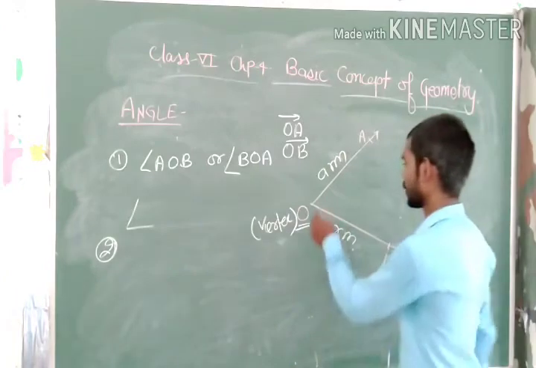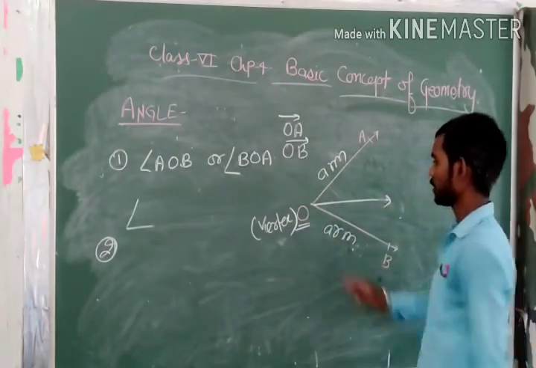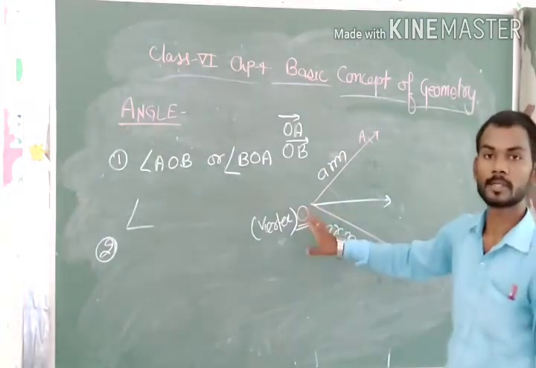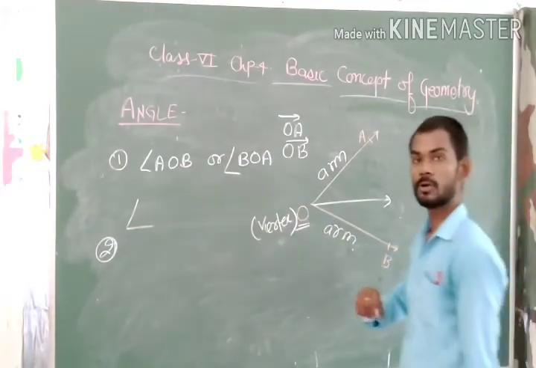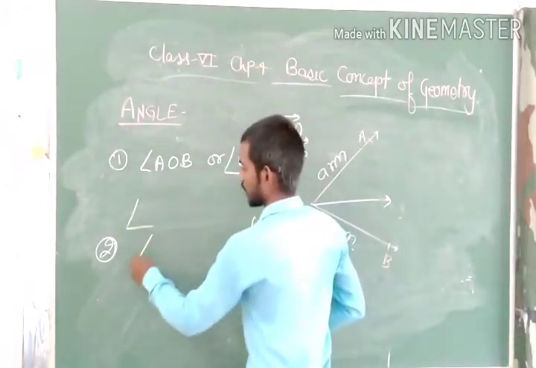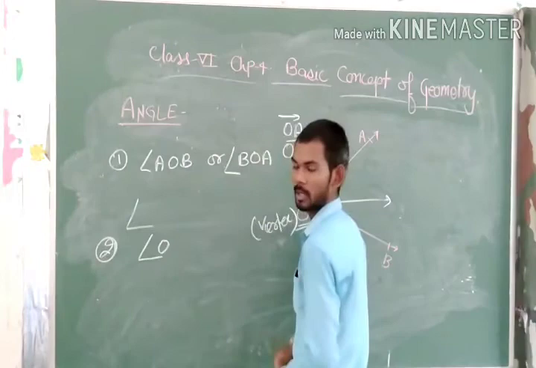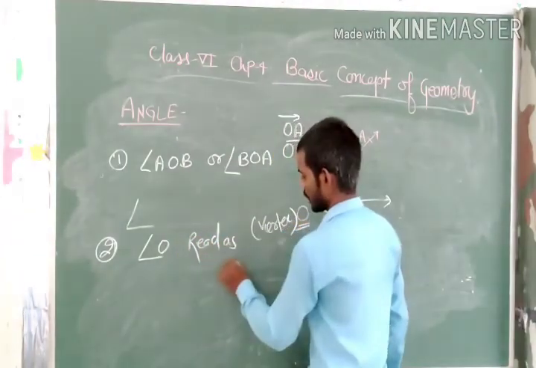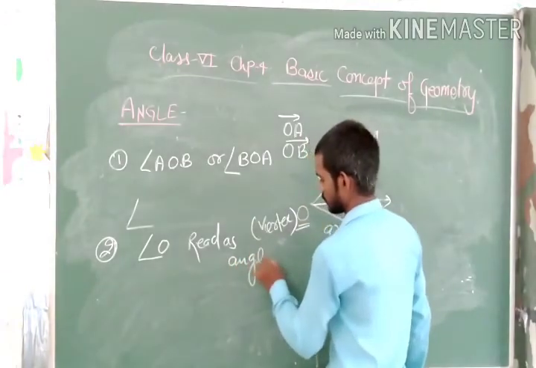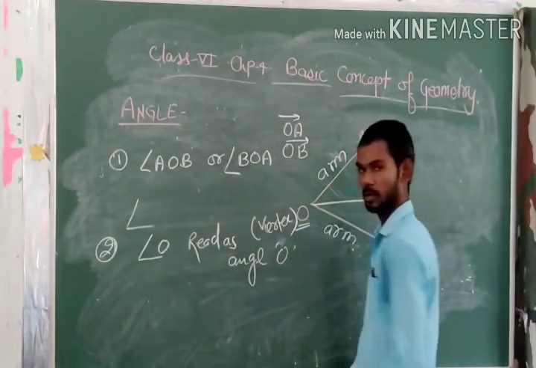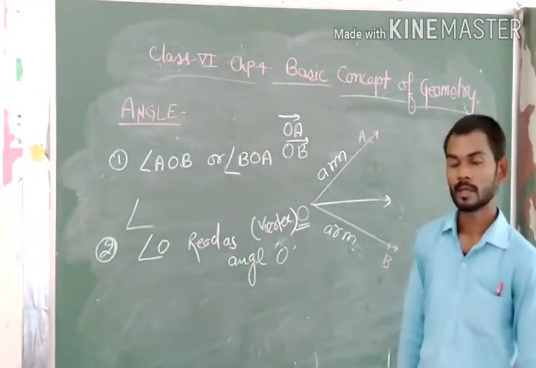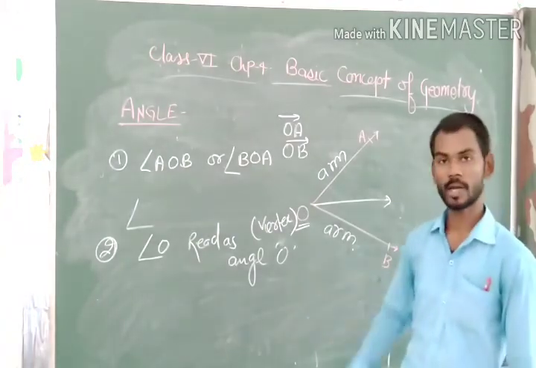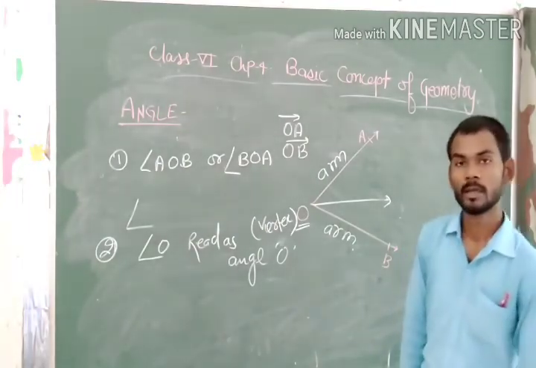In the figure we can see that O is its vertex, so we just write here angle O and read it as angle O. This is the second method to give the name of an angle.